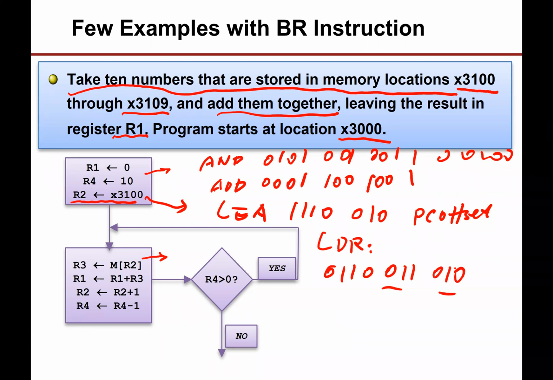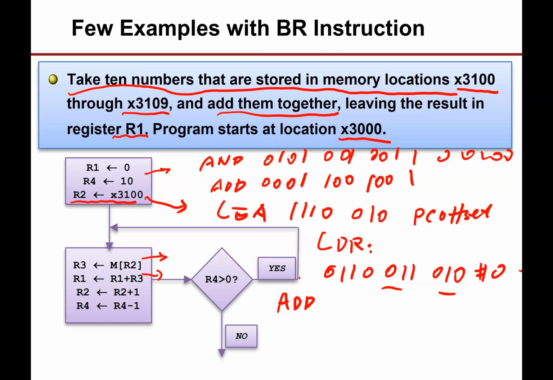So then you have the PC offset. Because this x3100 is the exact memory location, you can use the number 0 to represent it. So this is the first line of the second block. The second line is the add operation, ADD, right?